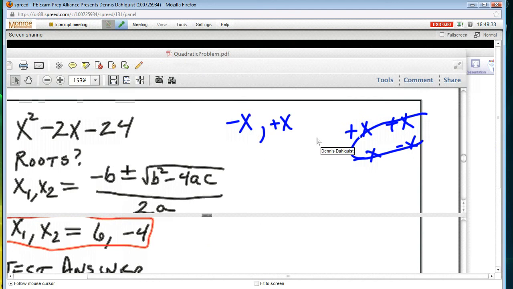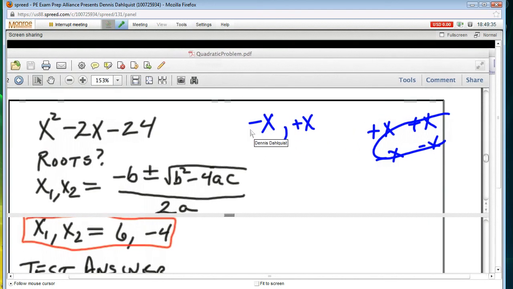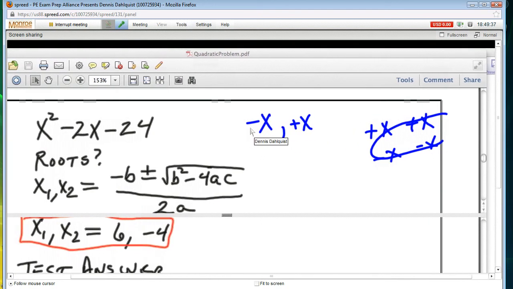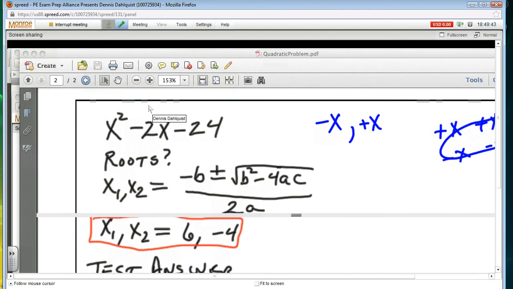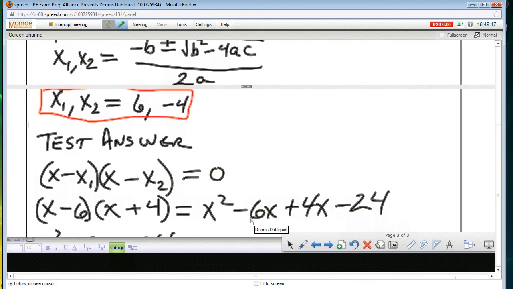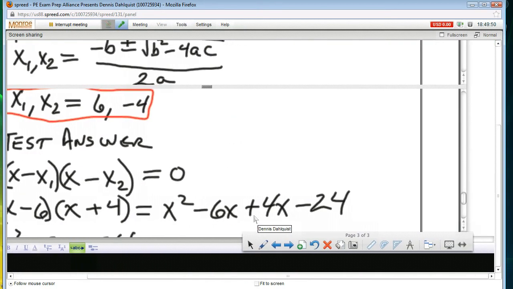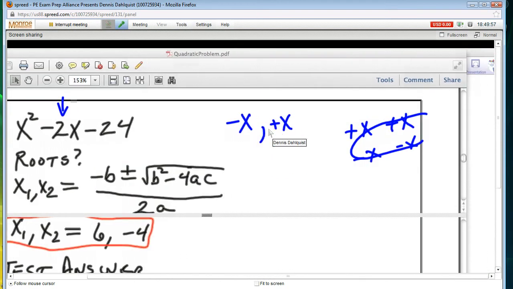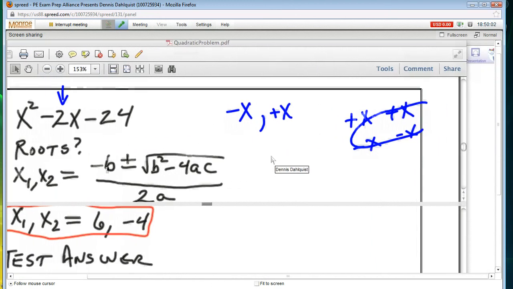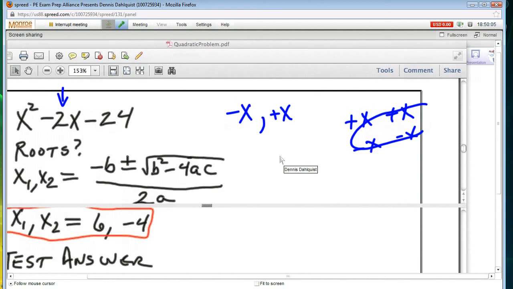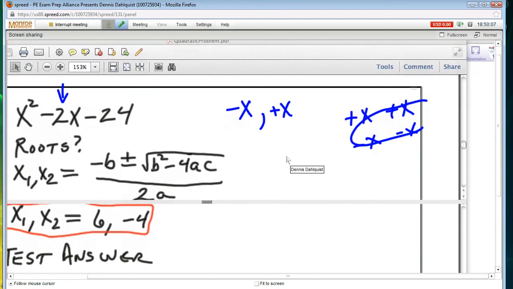The other thing we can do is, because we know it's a minus and a plus, we also know that to get this second position here, we would be adding the values, as we see down here where we're adding -6x and positive 4x. Because they're a positive and negative, we're going to add them to get this second value here. We know that there has to be a difference of two between the two. So we can use those to sort answers on the exam that way.